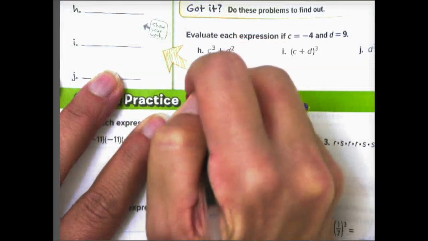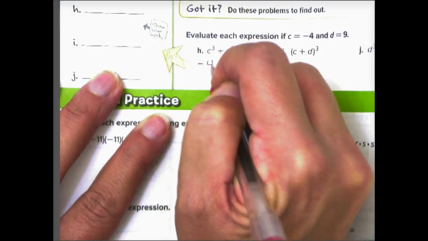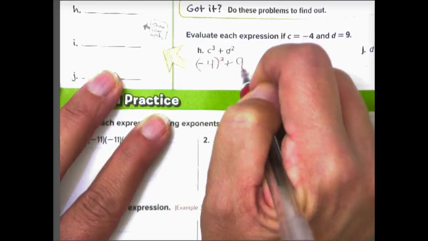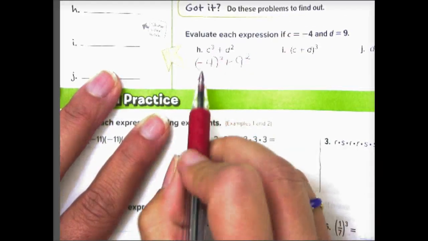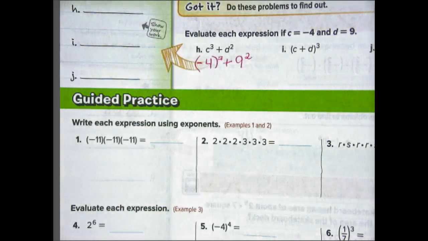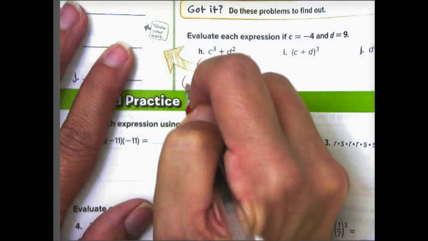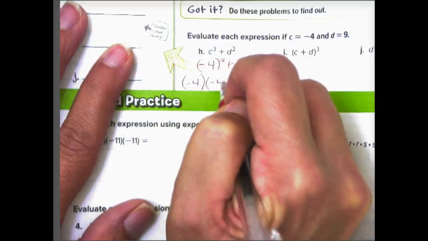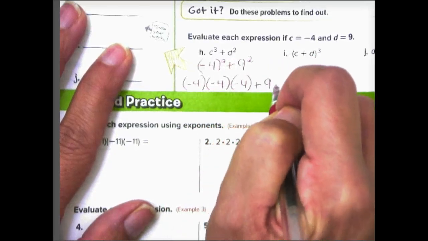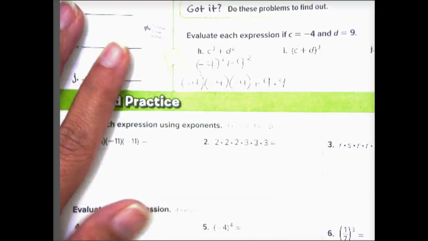So we're going to have negative 4 to the 3rd power plus 9 to the 2nd power. Let's write it as a product. As a product, it's negative 4 times negative 4 times negative 4 plus 9 times 9.